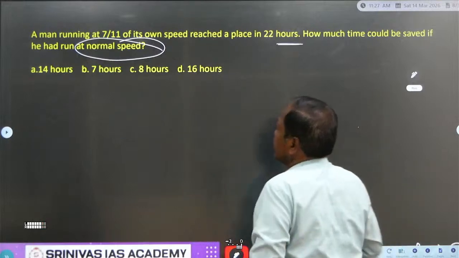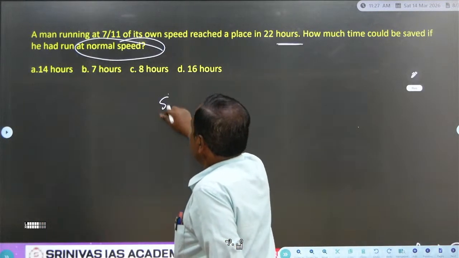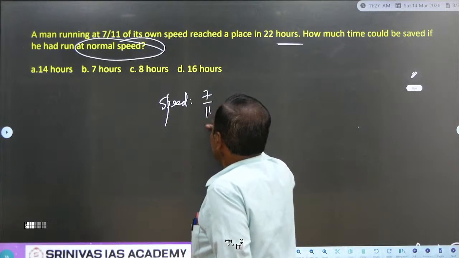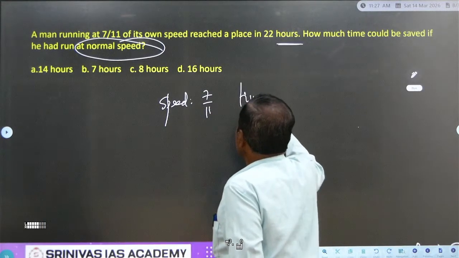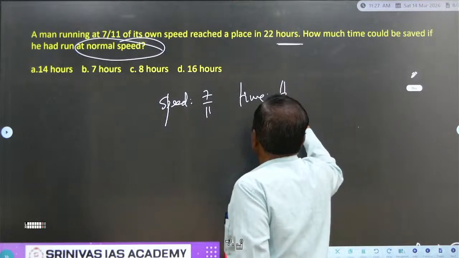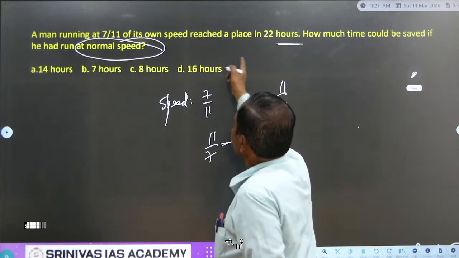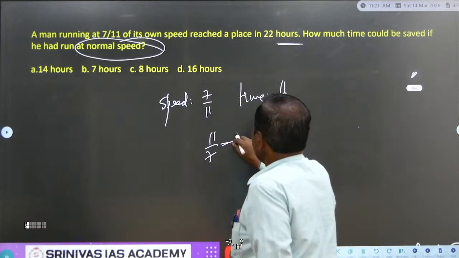Yes. Now we can see speed. When speed is 7 by 11, the time taken is 11 by 7. That 11 by 7 time is taken 22 hours.